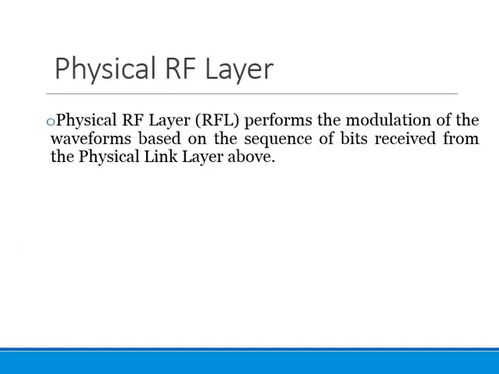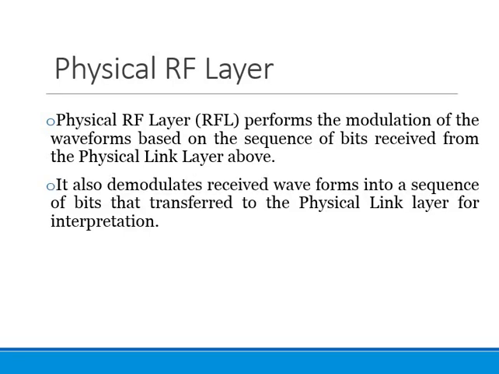The physical RF layer, that is the physical radio frequency layer, performs the modulation of the waveforms based on the sequence of bits received from the physical link layer above it. It also demodulates the received waveforms into a sequence of bits that are transferred to the physical link layer.